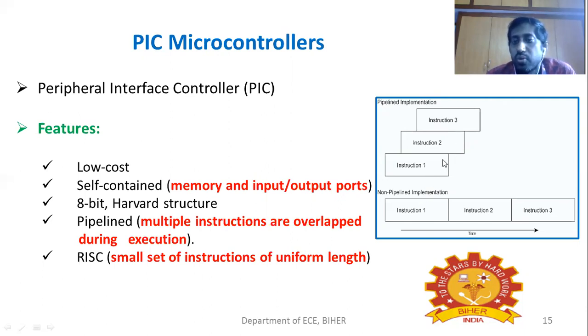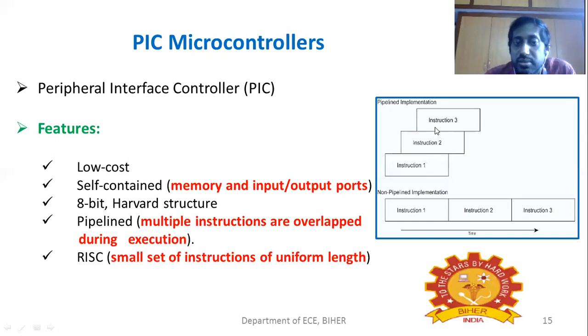You can see instruction 1, instruction 2, and instruction 3. In a non-pipelined implementation, these instructions are executed one by one. First it executes instruction 1, and after completing it only goes for instruction 2, and then instruction 3.